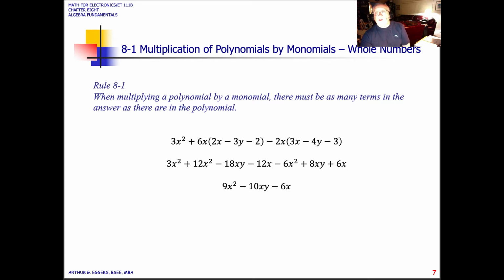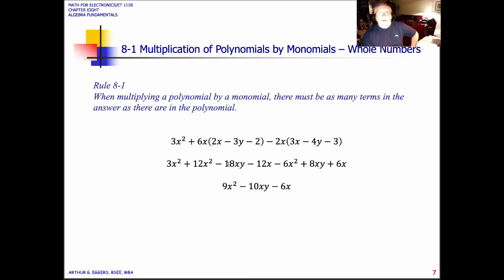So now what we do is we reduce by combining the terms. So we're going to combine all the x squared terms, the xy terms, and the x terms. Okay, each of them can only be combined by the literal x, xy, and x squared. So in doing that, we're going to sum 3x squared, 12x squared, and 6x squared, and we end up with 9x squared.